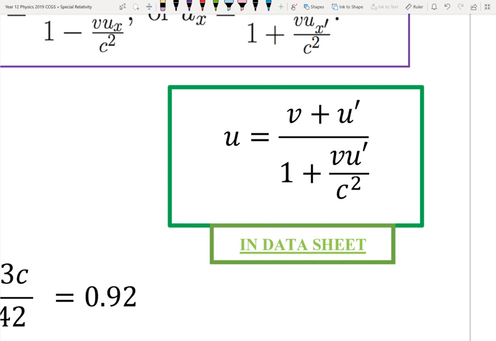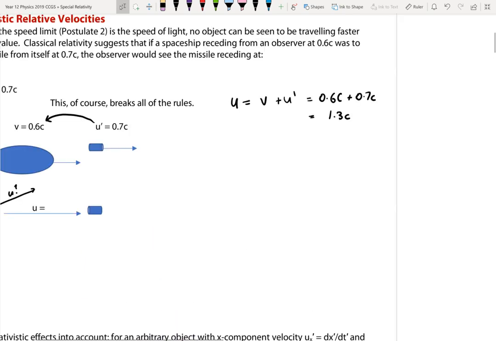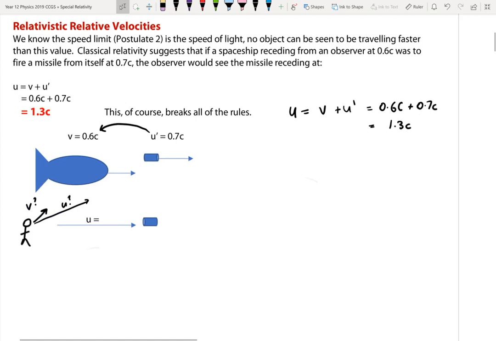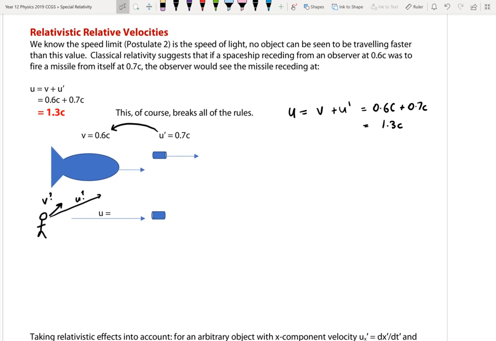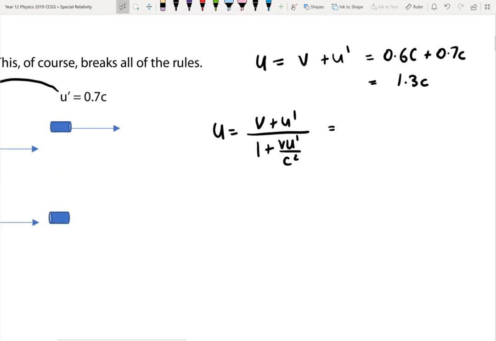So let's take this equation and put it into application. Come on, laptop. I'm waiting. Thank you. Let's put that into this scenario. Okay, so here we go. u equals v plus u prime over 1 plus v u prime over c squared. Now, it looks nasty, but if you leave things in terms of c, it becomes a very simple fraction.